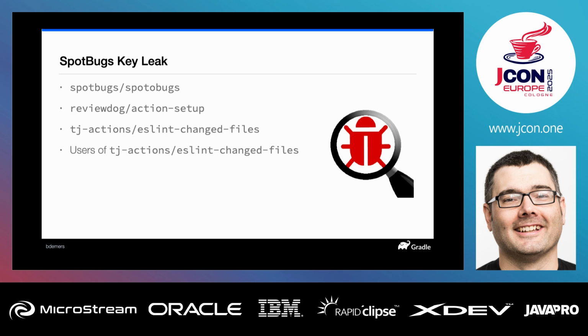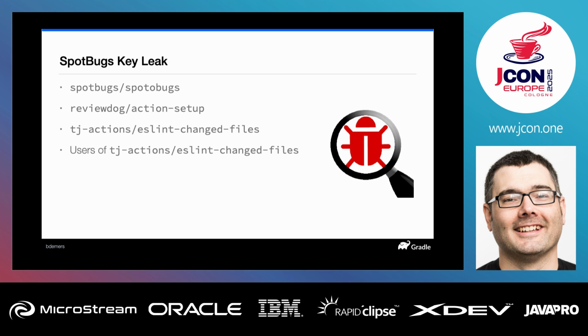That was a personal access token that also had access to the ReviewDog action setup repository. So now the attacker has write access to this repository. And because of the way GitHub Actions work, the attacker was able to replace a GitHub action tag with some malicious code.